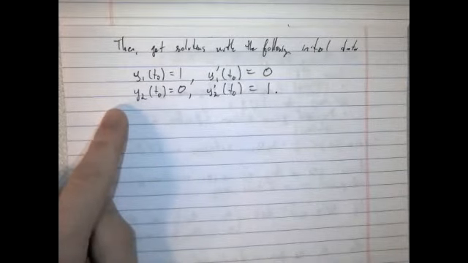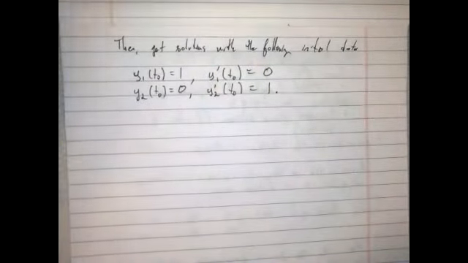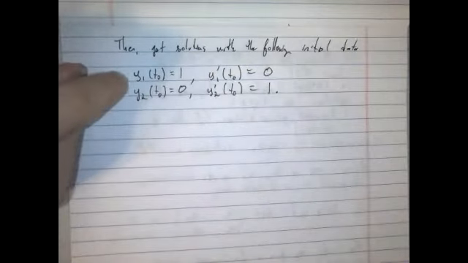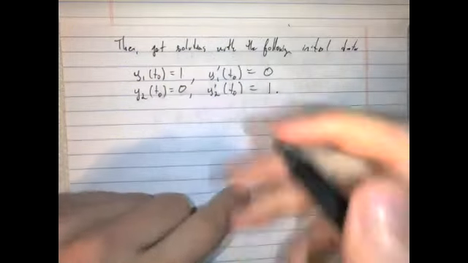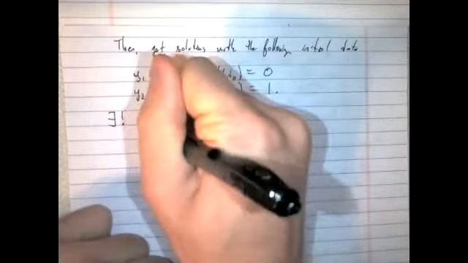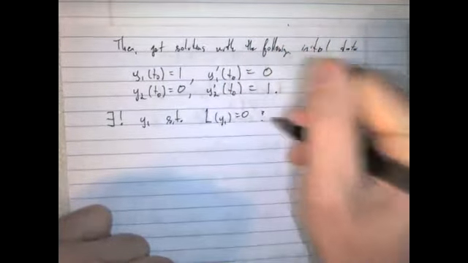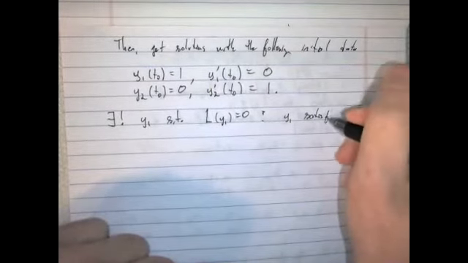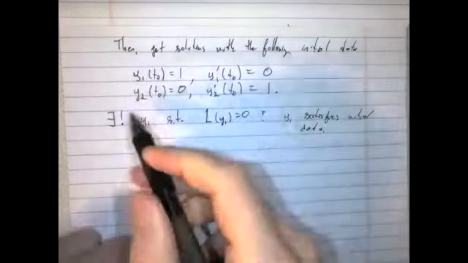By the existence and uniqueness theorem, I'm on an interval I on which p of t and q of t are both continuous. So the theorem tells me all I have to do is specify some initial data, and there must exist a unique y1 such that L of y1 is equal to 0, and y1 satisfies this initial data. It's the same thing for y2.